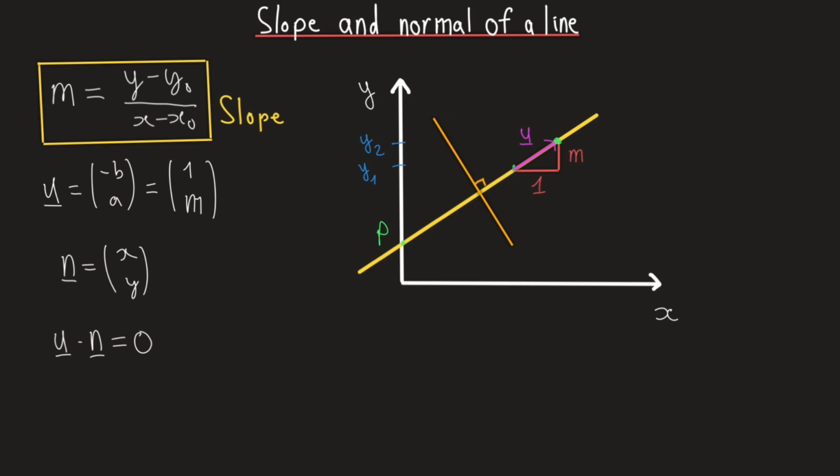And since our direction vector has coordinates 1 and m, we can determine the coordinates of a normal vector to that line, which will be negative m and 1.